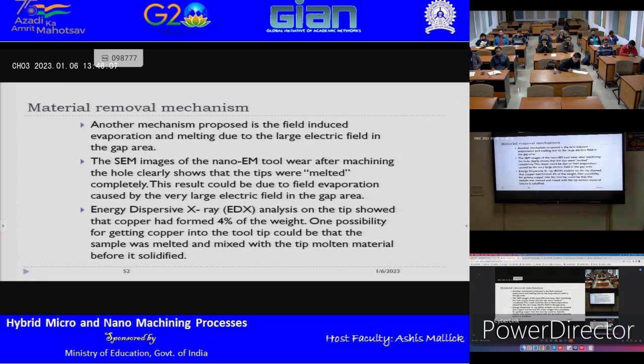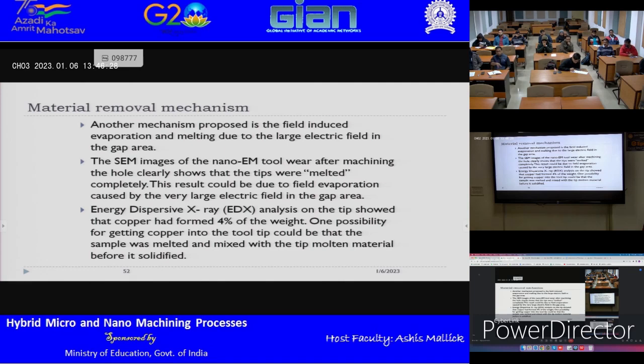But AFM is a contact process. It goes and contacts the surface and gets information by tapping and sensing forces. From that difference, it gives you a picture. On the other hand, STM doesn't contact, but it gets the current from that atom, and from that it gives you the image.